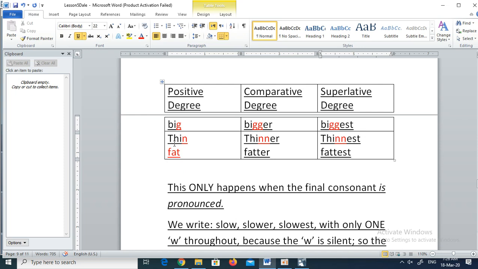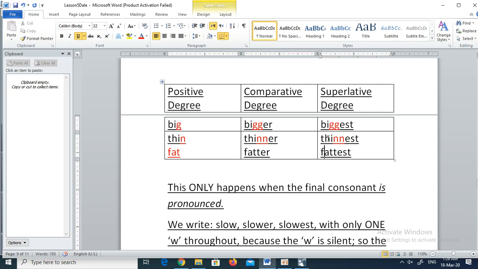Again, it is following this pattern that when you have fat, there is a T at the end, which is a consonant, and there is, before that consonant, A, which is a vowel.